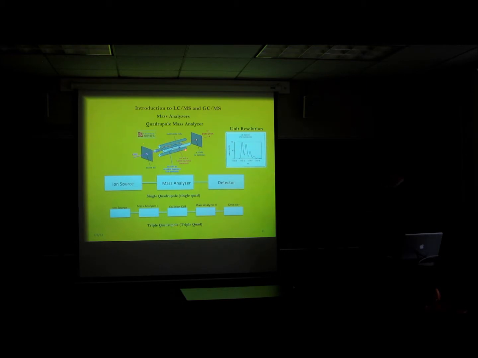A quadrupole mass analyzer is basically four rods in parallel within the mass analyzer, two of which you apply a DC voltage to and two of which you apply a radio frequency voltage to. You then scan the RF voltage such that at any given RF frequency, only ions of a given mass to charge ratio will have a path through the quadrupole and be able to hit the detector.